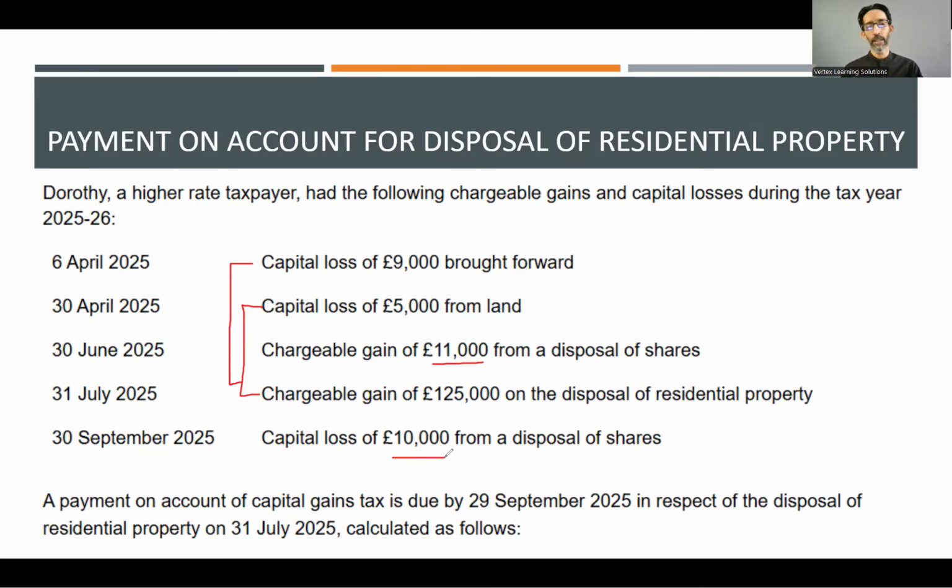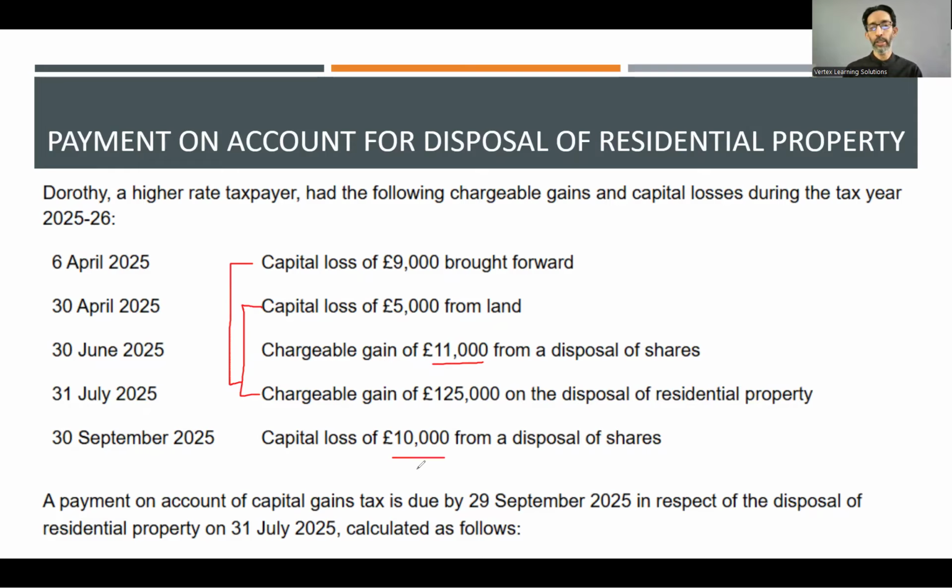Why? Because for the gain on the residential property, we can get benefit from the capital loss in the current year, we can benefit from the annual exempt amount, and we can benefit from the capital loss brought forward. This chargeable gain will be left aside because that is a separate category, and then this would be netted off with this loss.